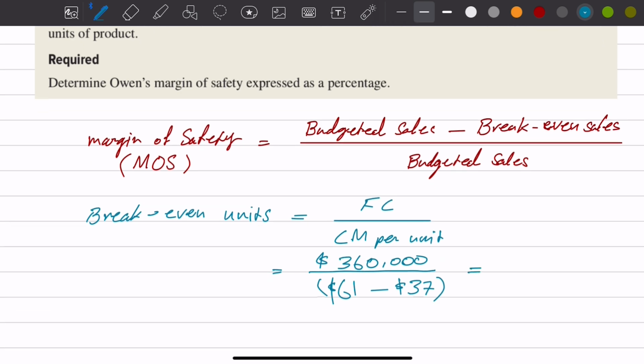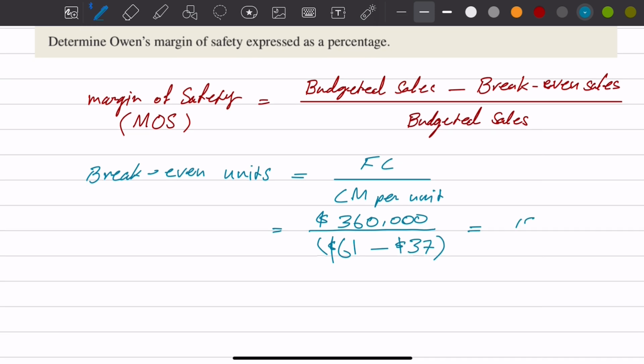And now just run the numbers on a calculator. 360,000 divided by, open a bracket, 61 minus 37, close the bracket. Okay. And that's 15,000 units.